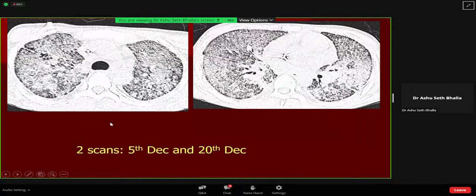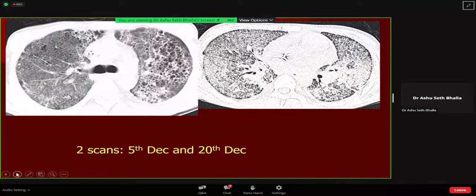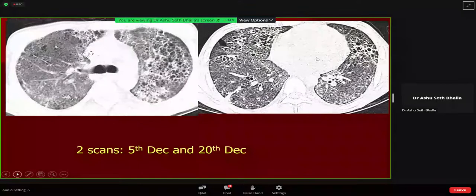So two scans, with the animation. This is the first scan, which is of 1st December. Okay, so patient has 2 scans. This first scan, based on history, was reported as a diffuse alveolar hemorrhage. And if you look at the second scan, which is on 20th December, where patient has already been started on immune suppression, see how fast it has resulted in some level of fibrosis, septal thickening, and actually a picture of cystic lung disease.